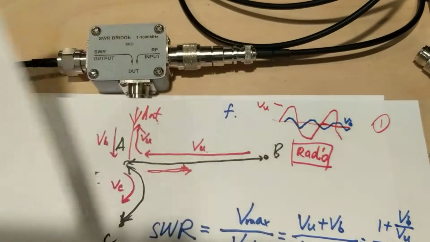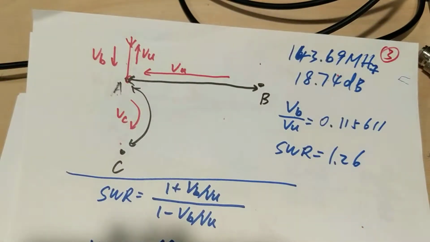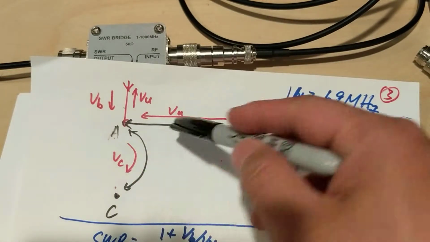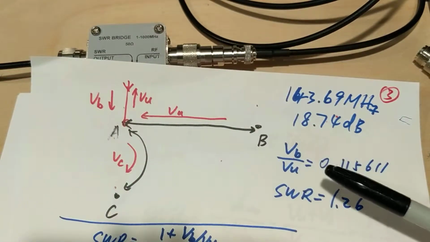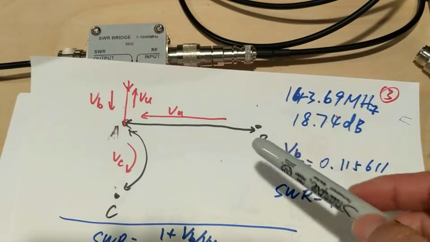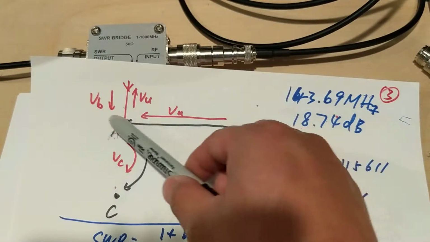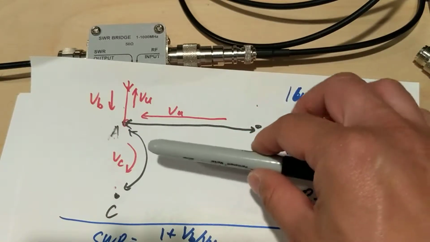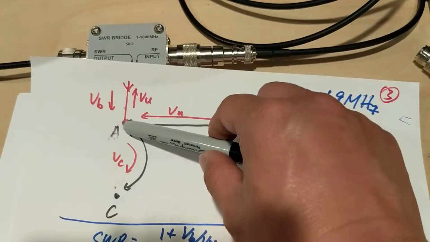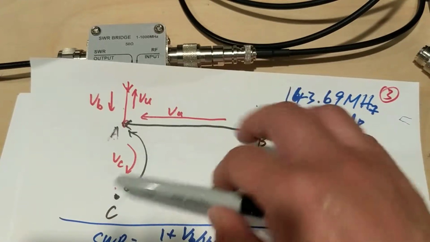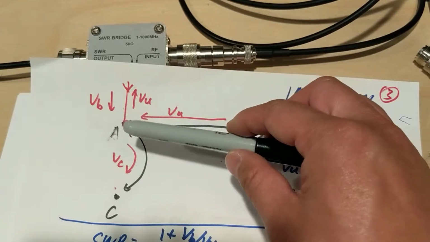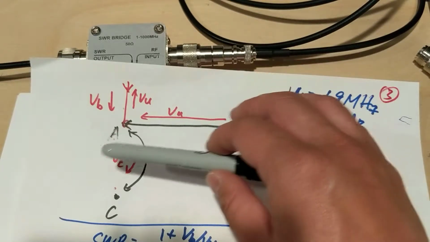Okay. I did not mention one thing. When we deduced this formula, we made assumptions. First, the loss on this AB line is irrelevant. From A to C, the loss is irrelevant. Even if we're talking about the loss, a different frequency has different loss, that's still okay.